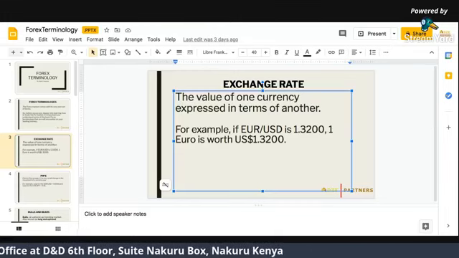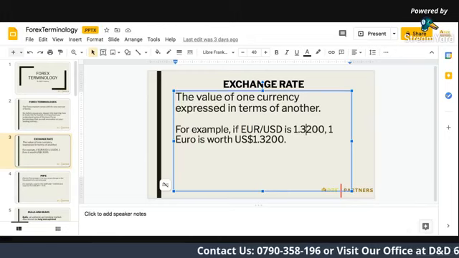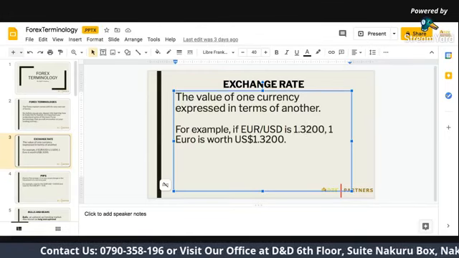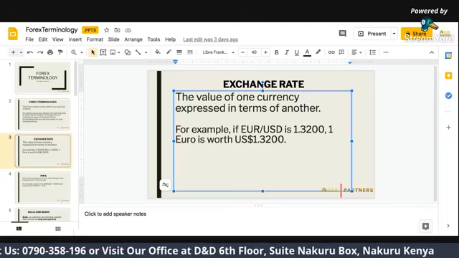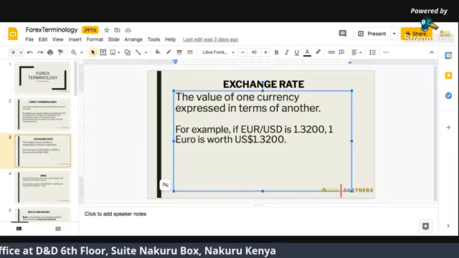Currently the price is at 1.21626. That is the current price, that is the exchange rate. If you go to any bank, if you go to Equity, if you go to KCB, if you're in America, this is the exchange rate that you're going to get. So if you're coming from the United States, and you want to convert Euro to USD, this will be the exchange rate.